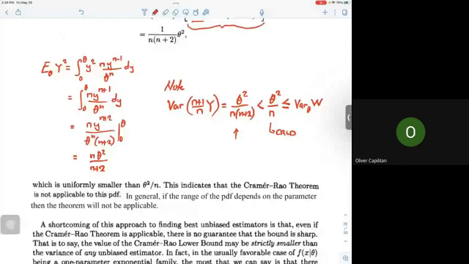In general, if the range of the PDF depends on the parameter, then the theorem will not be applicable. This is actually the restriction on the application and usage of the Cramer-Rao theorem. If the range of the PDF depends on the parameter, then we cannot apply the Cramer-Rao theorem.